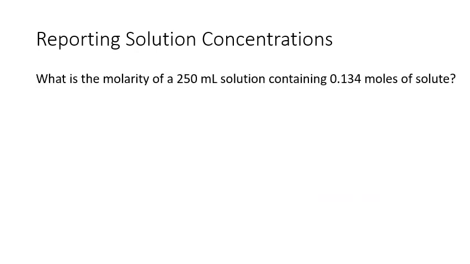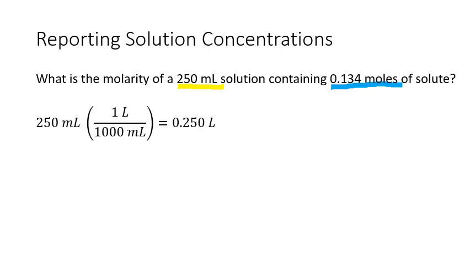And this is just a couple other examples, right? If you're doing moles per liter, you always want to make sure that you have moles, but you also want to make sure that you have liters. So if they give you something in milliliters, we might have to convert milliliters to liters. So in this case, 250 milliliters, we know that every liter has 1,000 milliliters in it.